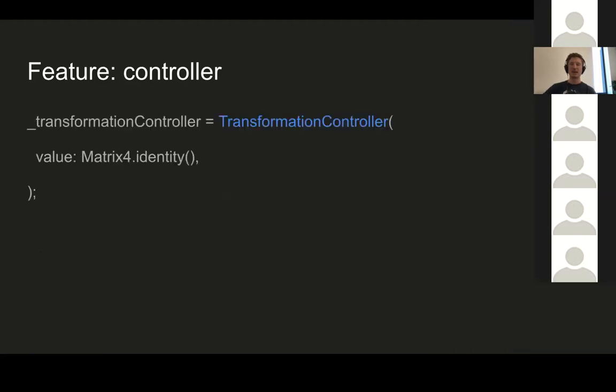This is how you declare a TransformationController. It is its own new class, and it has a value, which in our case is Matrix4, which, as we saw before, is the same thing that the Transform widget takes. It's how we define the transformation of the child.